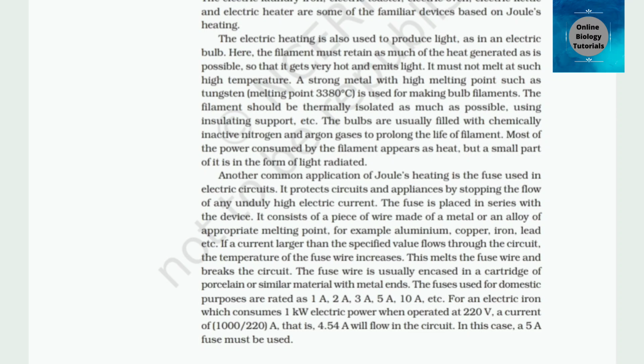The fuse wire is usually encased in a cartridge of porcelain or similar material with metal ends. The fuses used for domestic purposes are rated as 1 A, 2 A, 3 A, 5 A, 10 A, etc. For an electric iron, which consumes 1 kilowatt electric power when operated at 220 V, a current of 1000/220 A, that is, 4.54 A, will flow in the circuit.